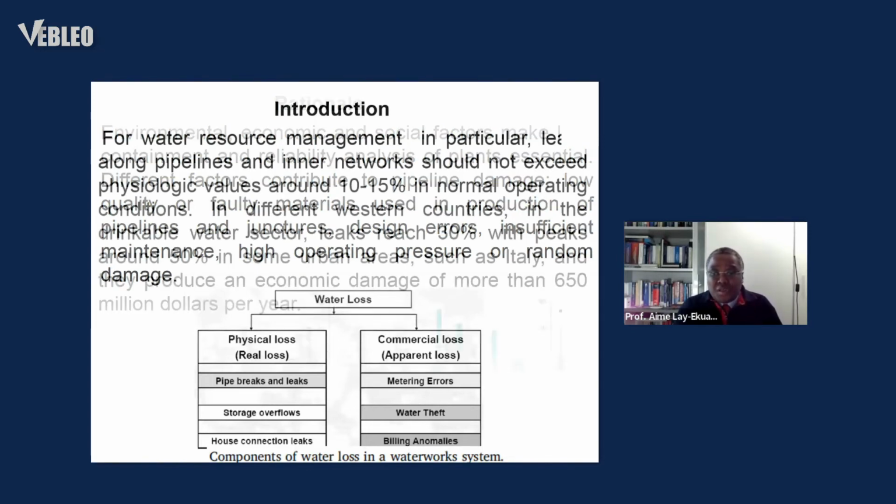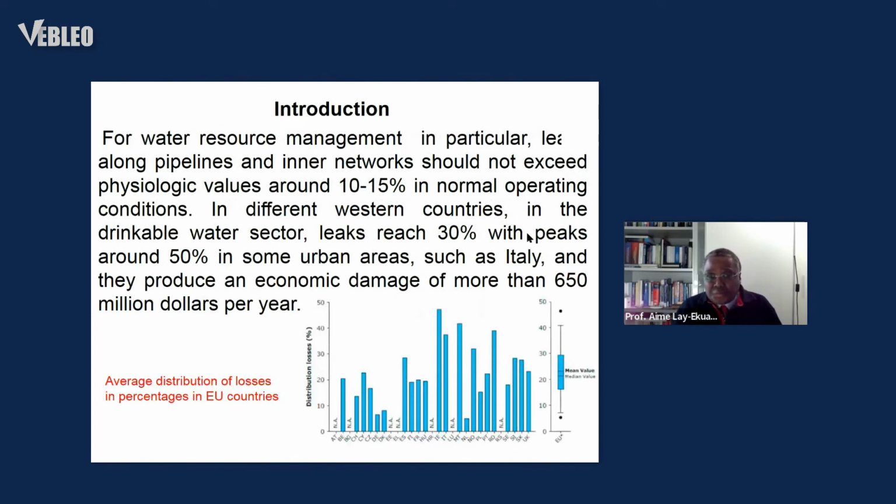So here we can see the water leakage in Europe, and we can start from, I mean, 10%, which is normal physiologic, to 50%.